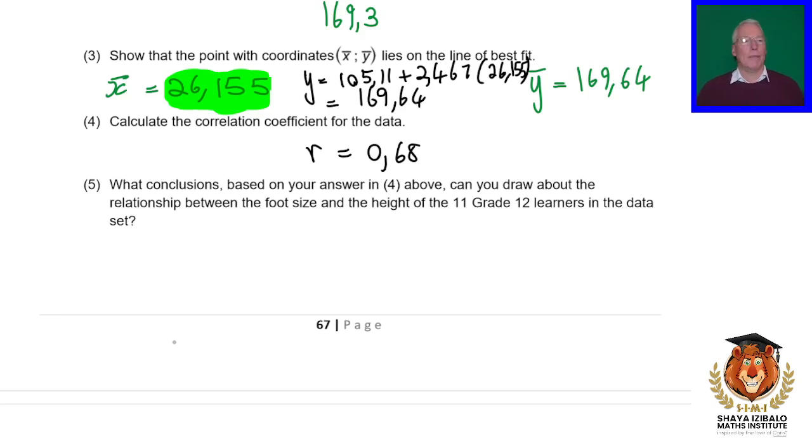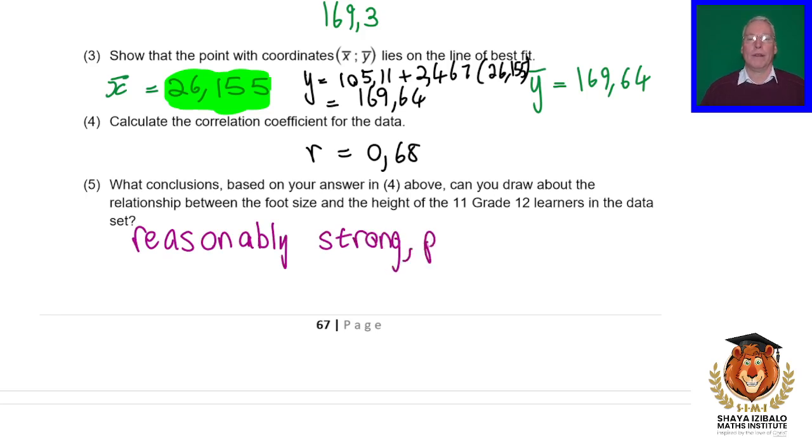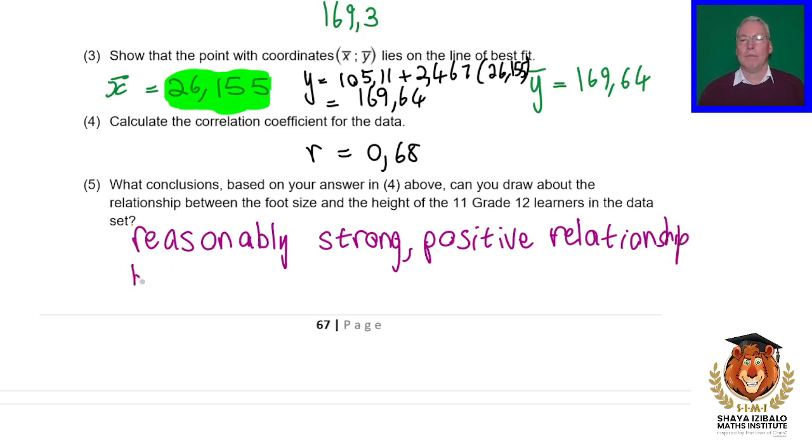Okay, now what can we say about 0,68? Right, 0,68 is a reasonably strong positive relationship between foot length and height.